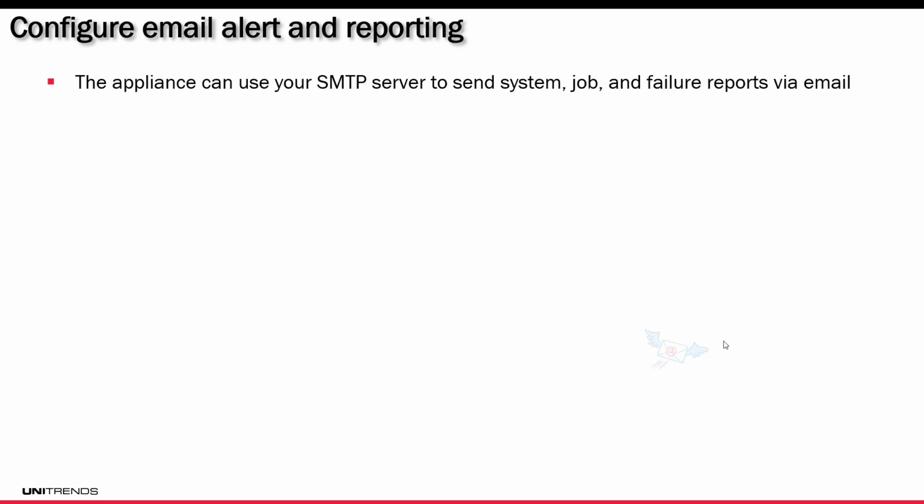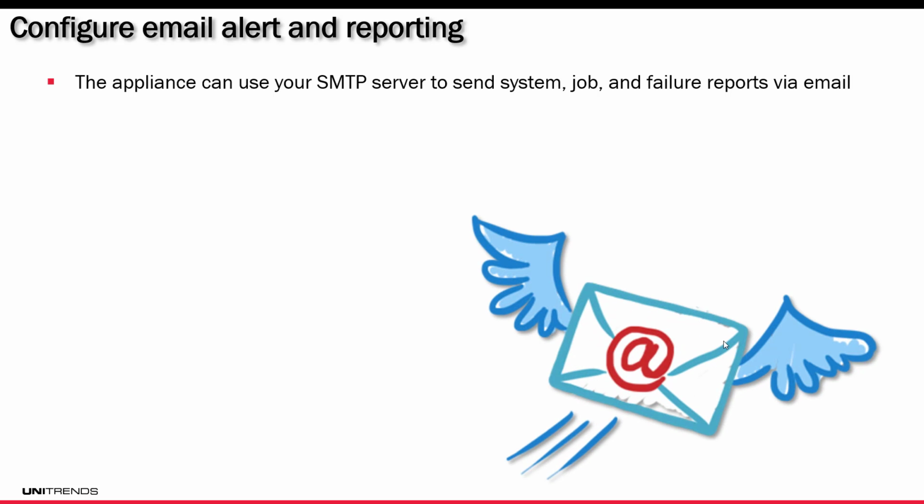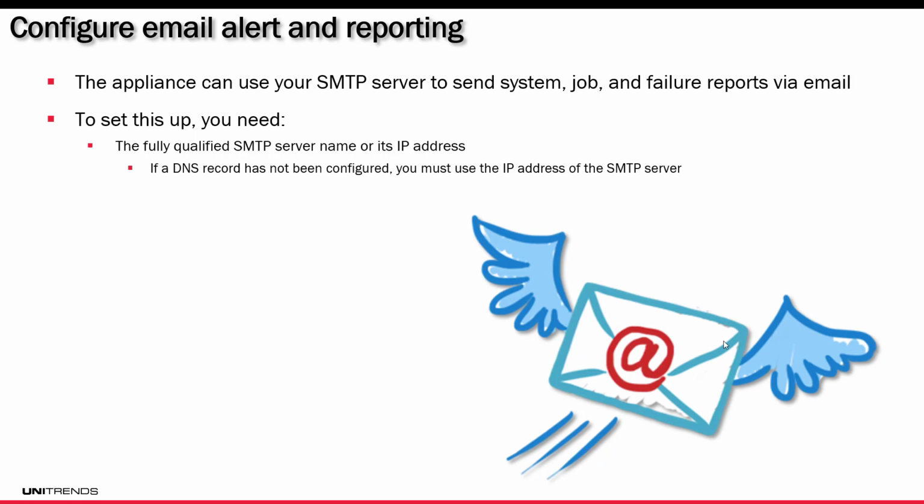You want to make sure you configure your email alerts and reporting, too. The appliance can use your SMTP server to send system job alerts and failure reports via email. Now, to set this up, you need to make sure you have a fully qualified SMTP server name or its IP address. And if a DNS record has not been configured, you must use the IP address of the SMTP server.